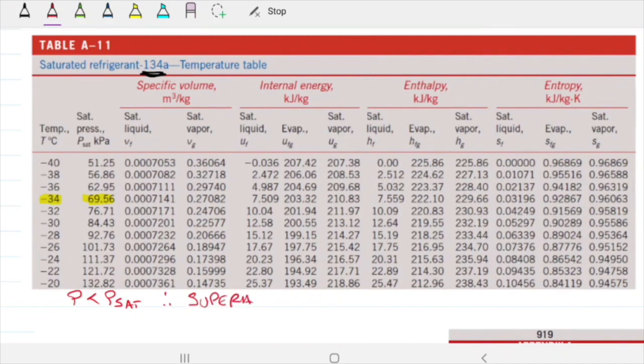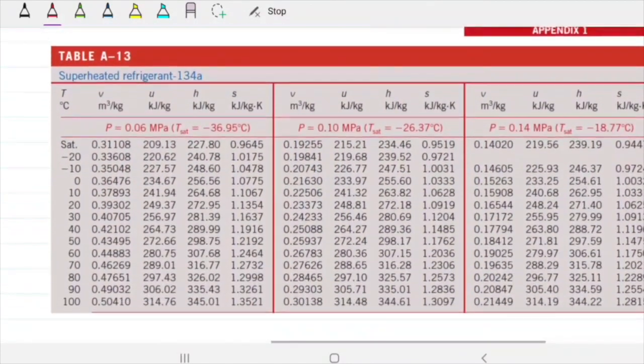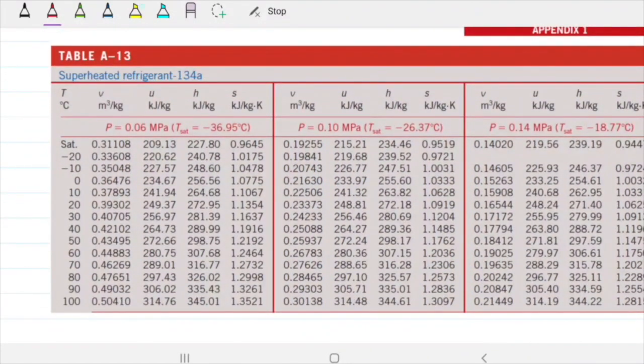Because this is superheated, we're in the wrong table, so we need to go to the superheated table. It's conveniently down here. And I'm going to be looking at 0.06 megapascals, that's 60 kilopascals. And I'm looking for -34, right? That's my temperature, -34 Celsius. And you're going to notice that we have -20 over here, and we have Tsat, which is right here as -36.